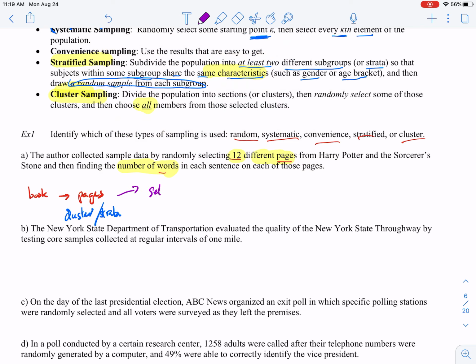These Harry Potter books are quite thick, 1,000 or 5,000 pages, even more. So we divide the book by pages, select 12 of those pages, and count all the words in each sentence on each of those pages.